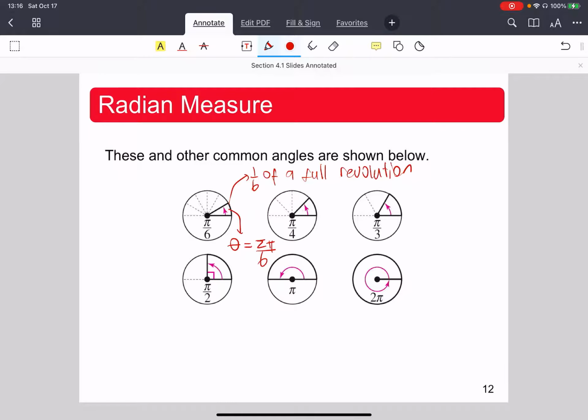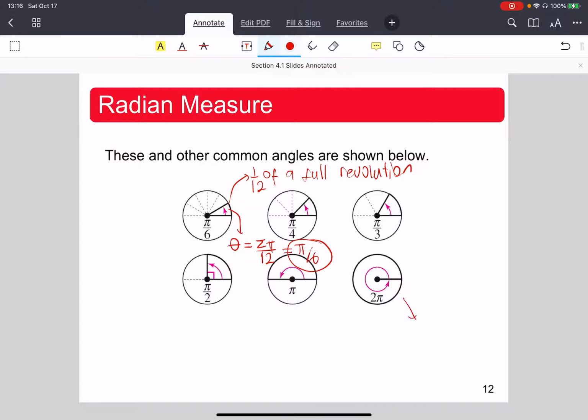This is actually 1/12 of a revolution. The represented image actually represents 1/12 of a revolution. So that's why we do 2 pi over 12 and we end up getting pi over 6. So pi over 6 radians is an angle measure corresponding to 1/12 of a full revolution.